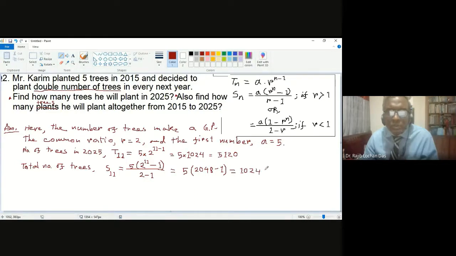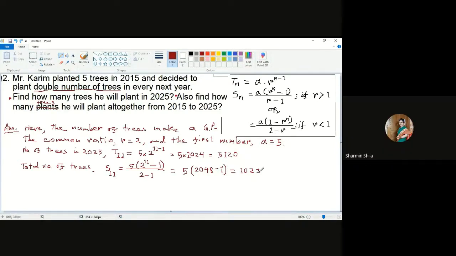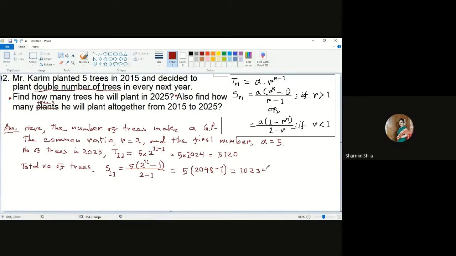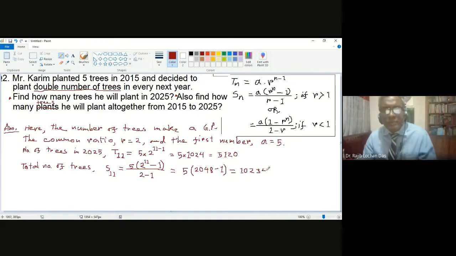10,235. Yes, that will be the total number of trees, 10,235 trees altogether.